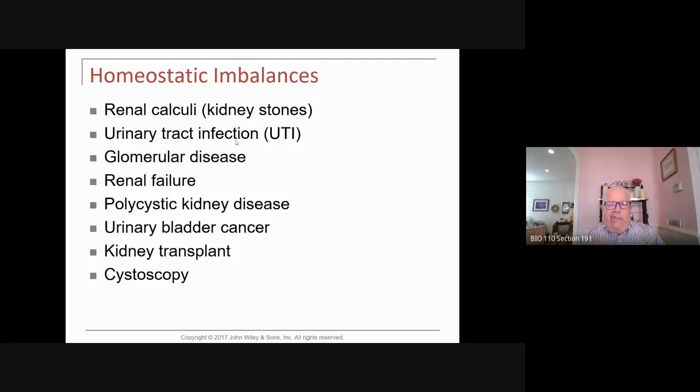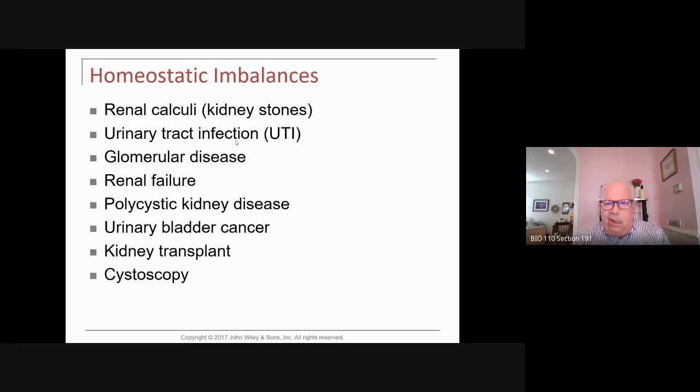Okay? The number one entity of a kidney stone is calcium. So if you have any problems with calcium metabolism, you will have kidney stones. If you don't drink enough fluid, you will have concentrated urine and you'll be more susceptible to kidney stones.